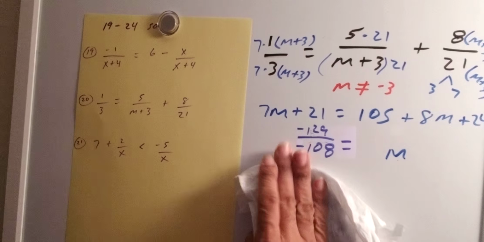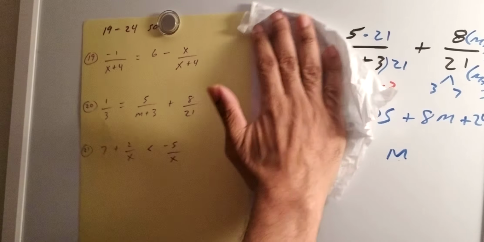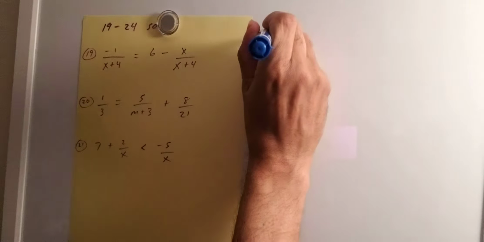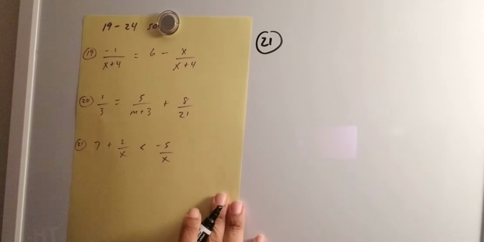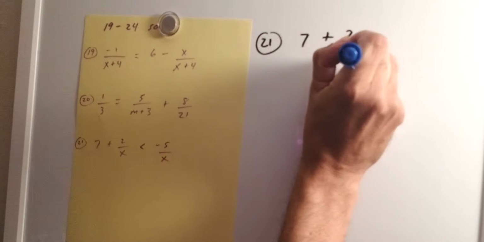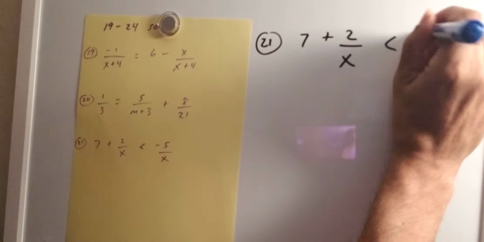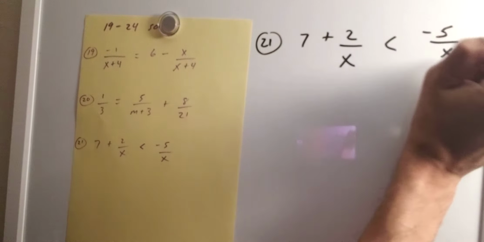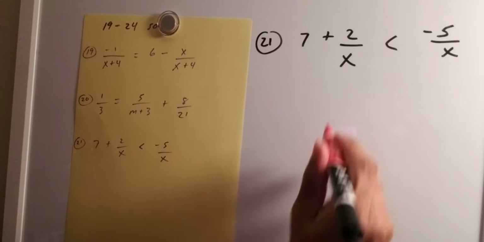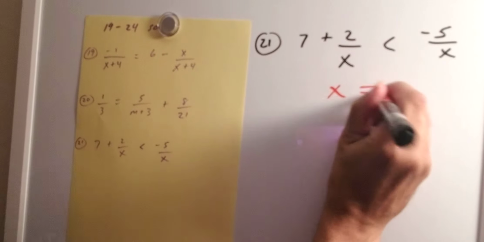Now, number 21 of 24 problems. Seven plus 2, which is divided by x, is less than negative 5 divided by x. And x cannot equal 0 in this inequality.